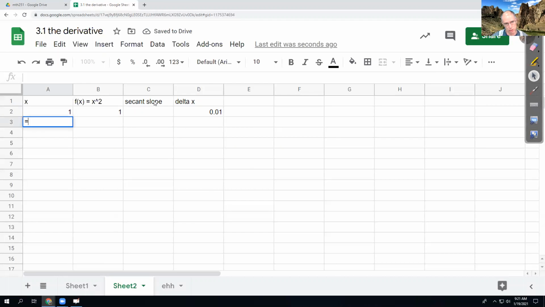And so over here, I'm just going to say, all right, take the x value above and add to it whatever I say delta x is. And then for the function value, I just say equals, take whatever x value we have here and square it in this case.